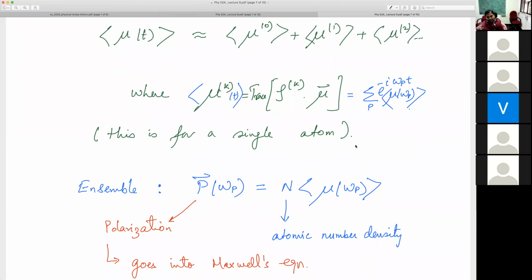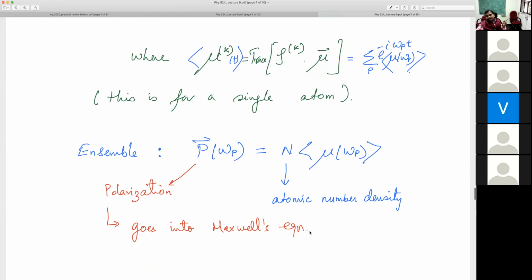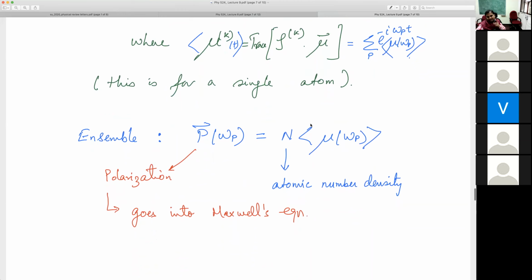Now for the whole ensemble, because light will not interact only with a single atom, whatever physical property I observe will be coming from the whole collection of atoms. So the total polarization, which I will use to feed into Maxwell's equations and calculate light propagation properties, is given by n, the atomic number density, per unit volume, times the polarization of one atom.